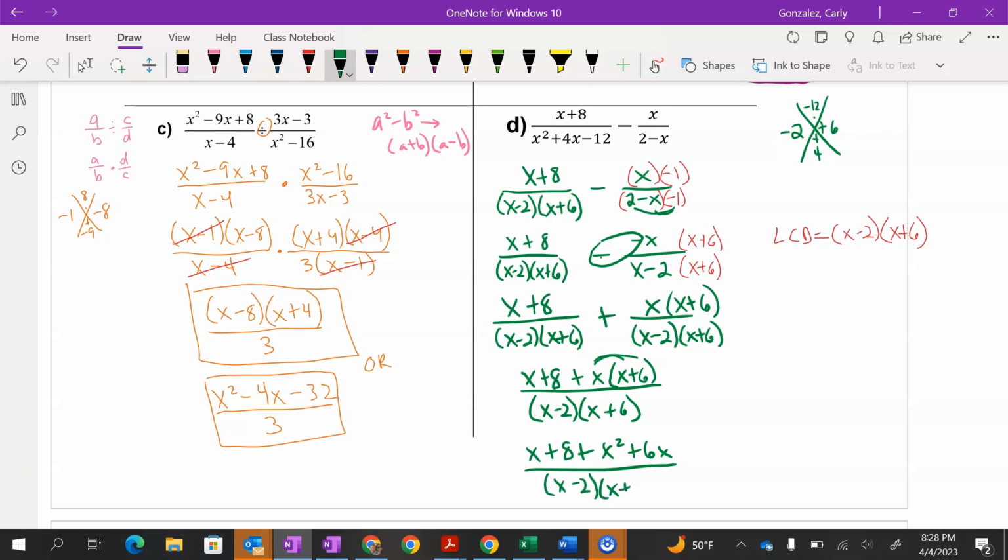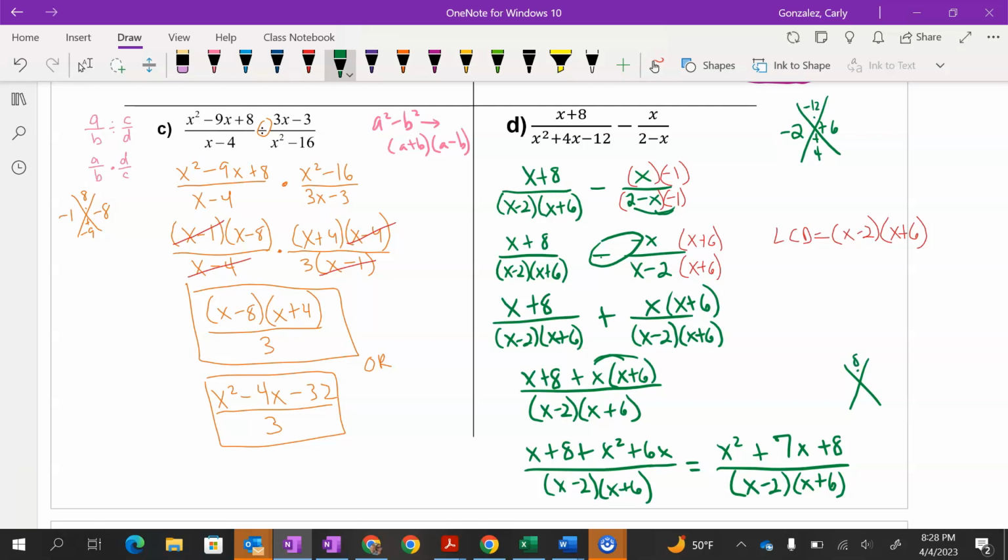Copying down that denominator. And last but not least, we'll go ahead and combine like terms in that numerator. We got x squared plus, we have 1x plus 6x gives us 7x plus 8, all over x minus 2, x plus 6. And we could try and factor the numerator just to see if we could simplify any further.